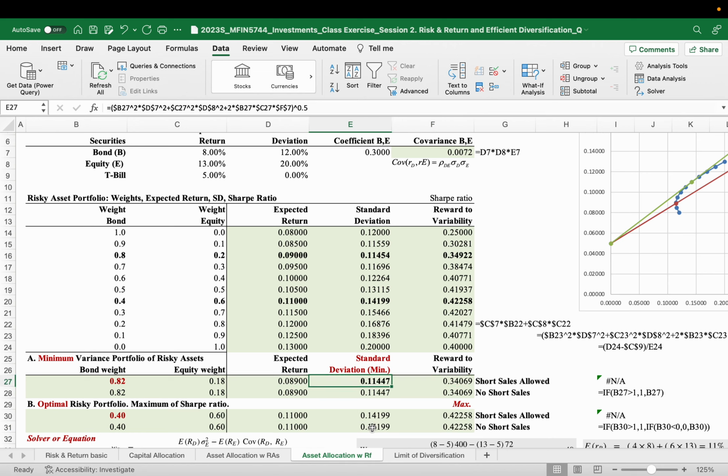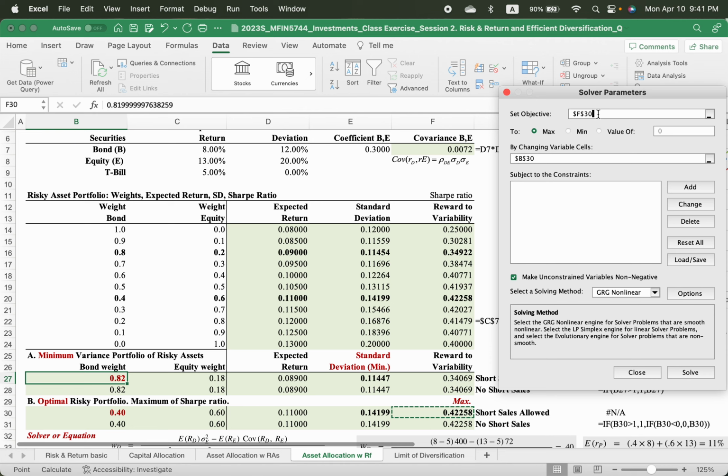So this level and this level, we make the maximum here, the minimum and the standard deviation, and maximum and the Sharpe ratios, right? We can also calculate this, the minimum variance, which is this minimum standard deviation, through the solver.